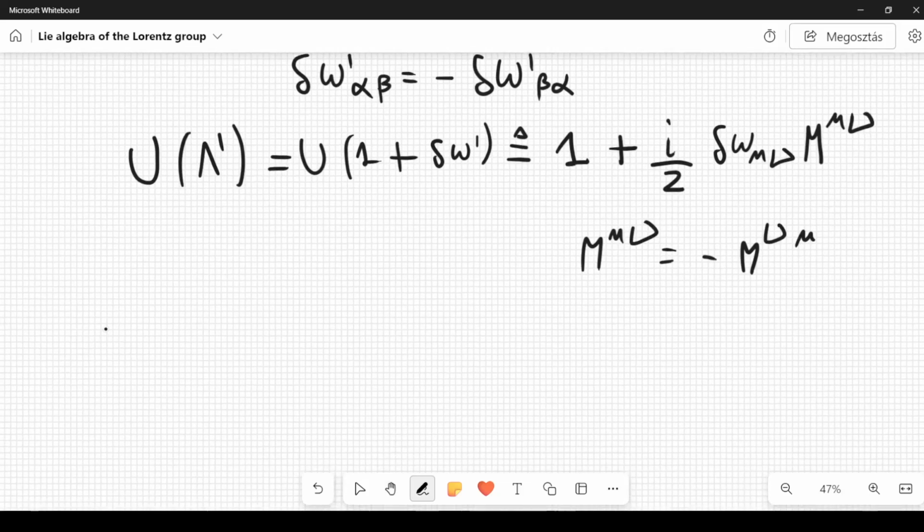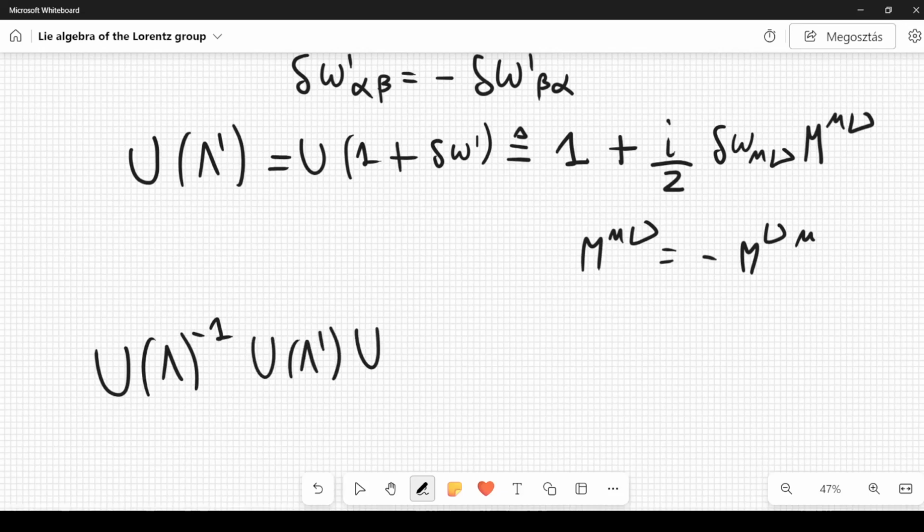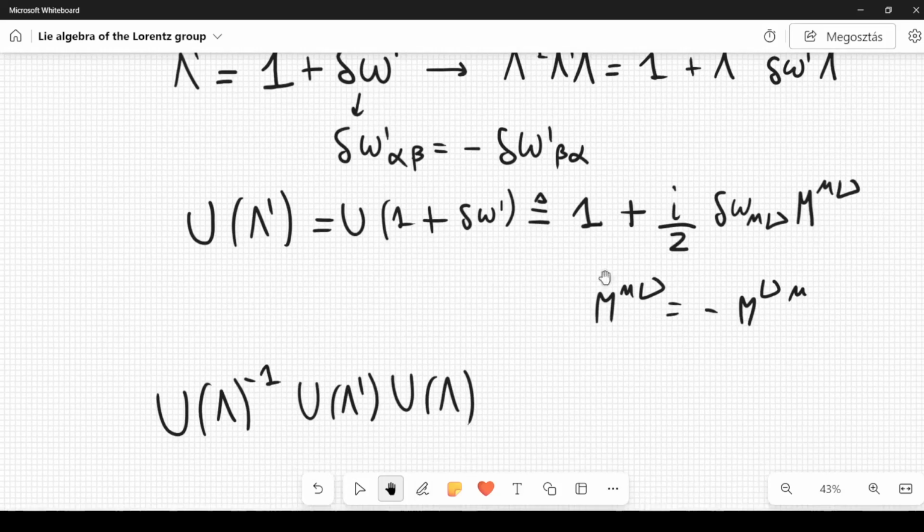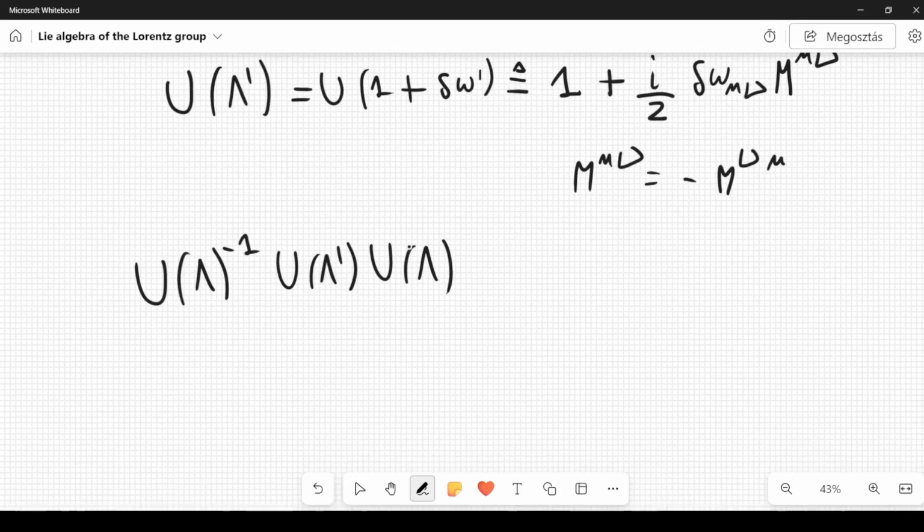Now we want to use such expansions to rewrite this formula: U of lambda inverse U of lambda prime U of lambda, which appears here. If we rewrite this by inserting this expression, we get the following.